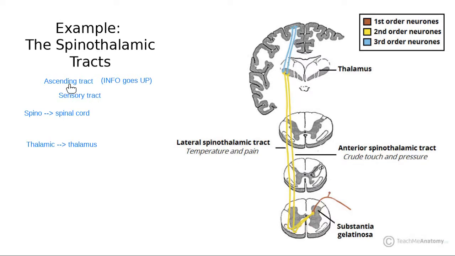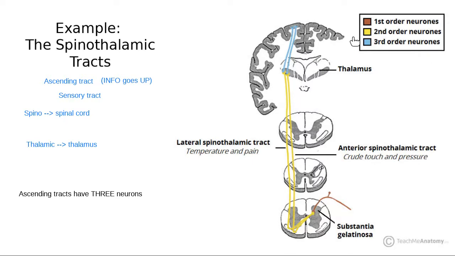When we talk about ascending tracts, something that should always tip us off when we hear the word ascending tract: ascending tracts have 3 neurons. You can see over here on the left, and I apologize, I pulled this from a non-English source, which is why we've got the extra letters here.